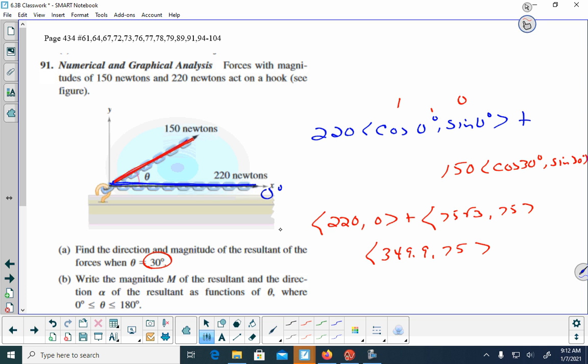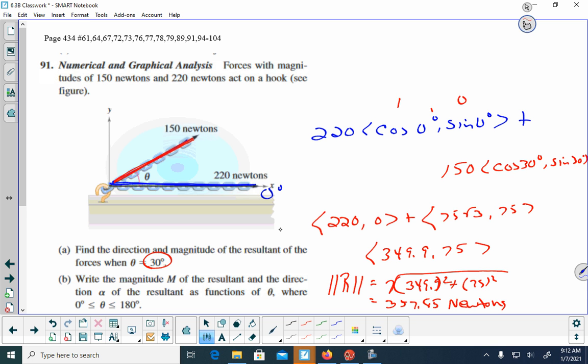So now I'm going to find the magnitude of that, and I'm going to call it R for resultant. We're going to have the square root of 349.9 squared plus 75 squared. When I do all that, I end up with 357.85 newtons instead of miles per hour.